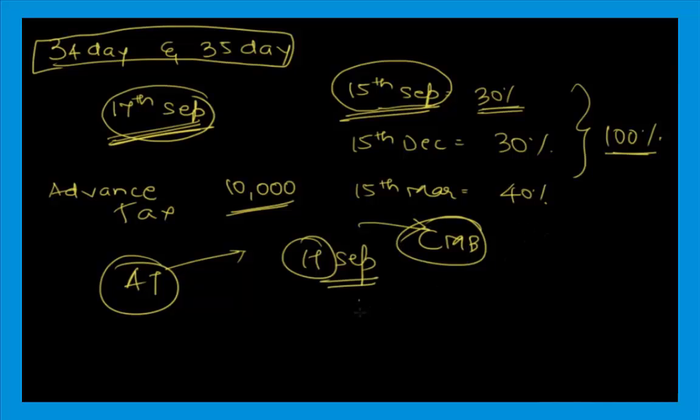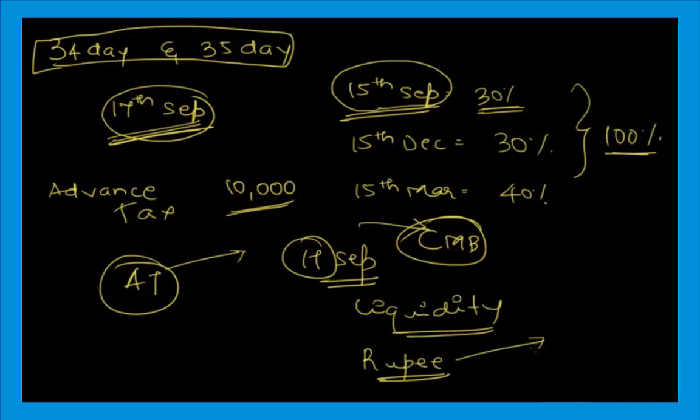Hence, the liquidity situation in the market will also be taken care of, plus excess rupee will be sucked out from the market, which in turn is expected to reduce the volatility on the rupee, and the rupee is expected to appreciate. That's the entire logic of coming out with cash management bills and its impact on the market.